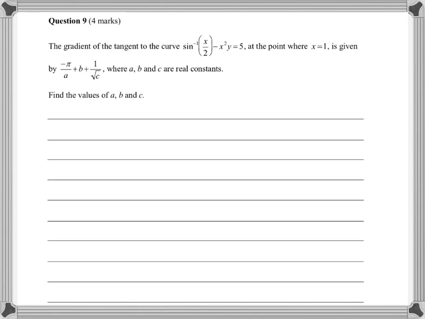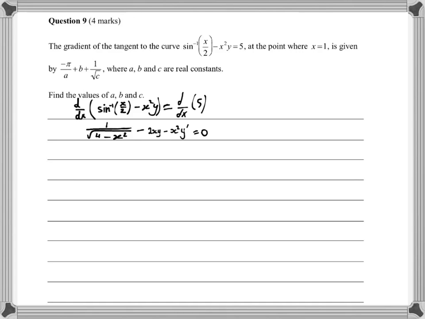You've got to differentiate the left-hand side expression with respect to x, and we also have to balance that by differentiating the right-hand side of the relation as well. Now, we're going to do that to each term. So first we differentiate inverse sine of x on 2, and then we differentiate x squared times y. Now we've got to remember what we do here carefully.